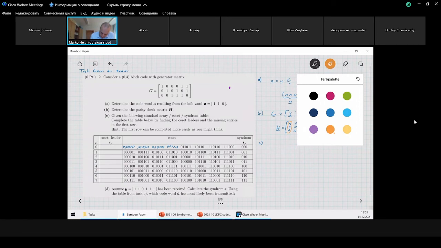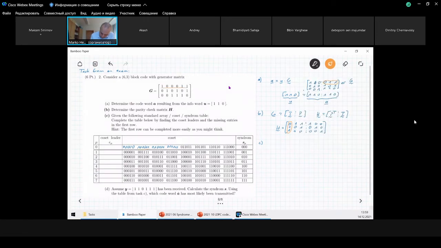Let's also use some color here. Because these rows are elements of gamma, this whole first coset is basically the same as gamma.